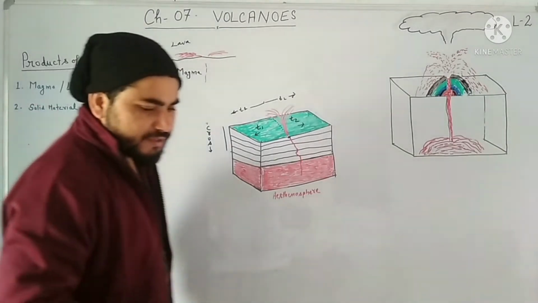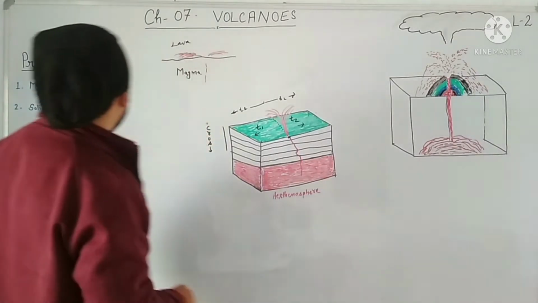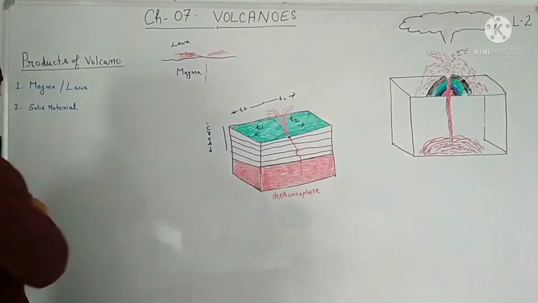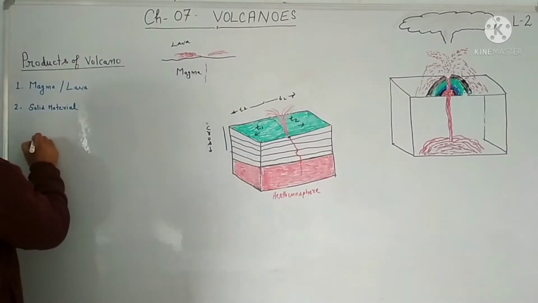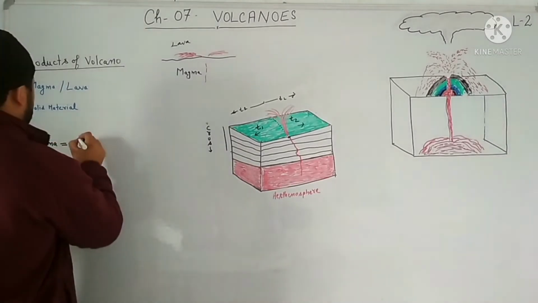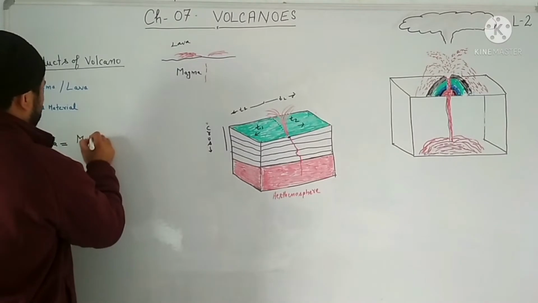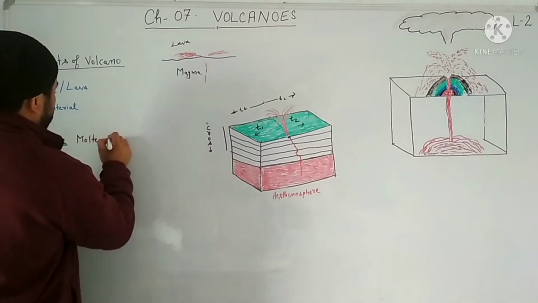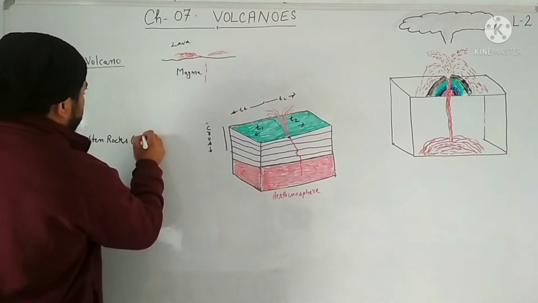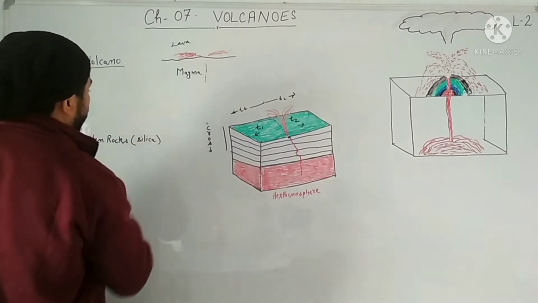Now this lava or magma, what does it consist of? Magma consists of molten rocks, and these rocks are of silica, right?